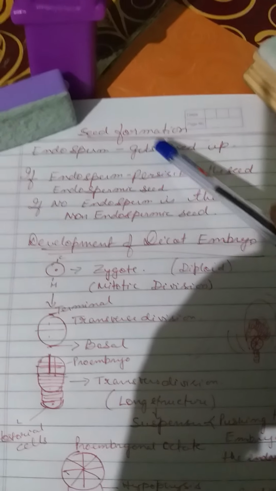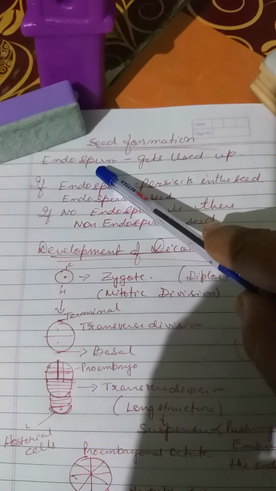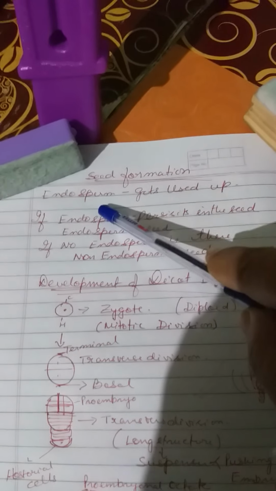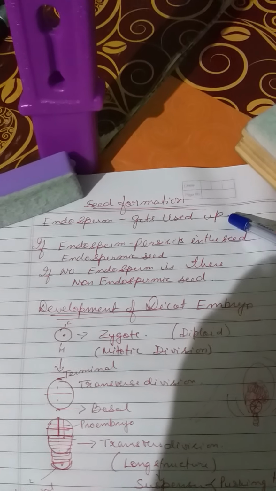Now you can see the seed formation. During seed formation, the whole endosperm may get used up. What I said earlier is that endosperm is nothing but a nutritive tissue which gets used up during seed formation.